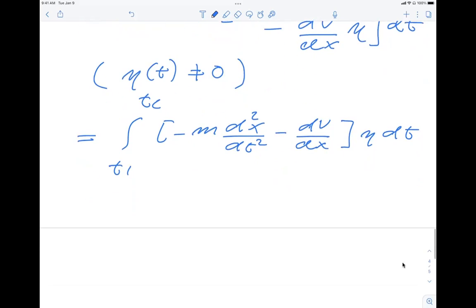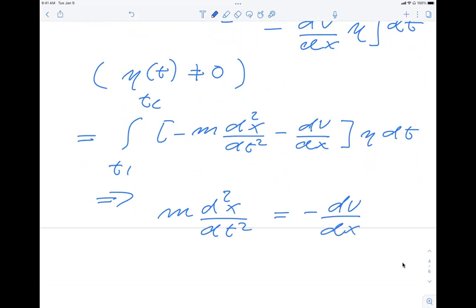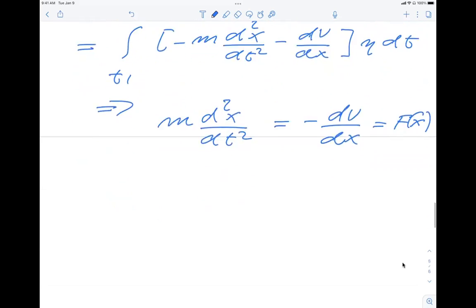And since we assume now that this η, except for the endpoints, is not 0, this simply means that we have to require that m times the second derivative of x, and this is something we can generalize to higher dimensions, is equal to minus dV/dx, and that's simply the force. And in our case, this is actually Newton's law in one dimension.